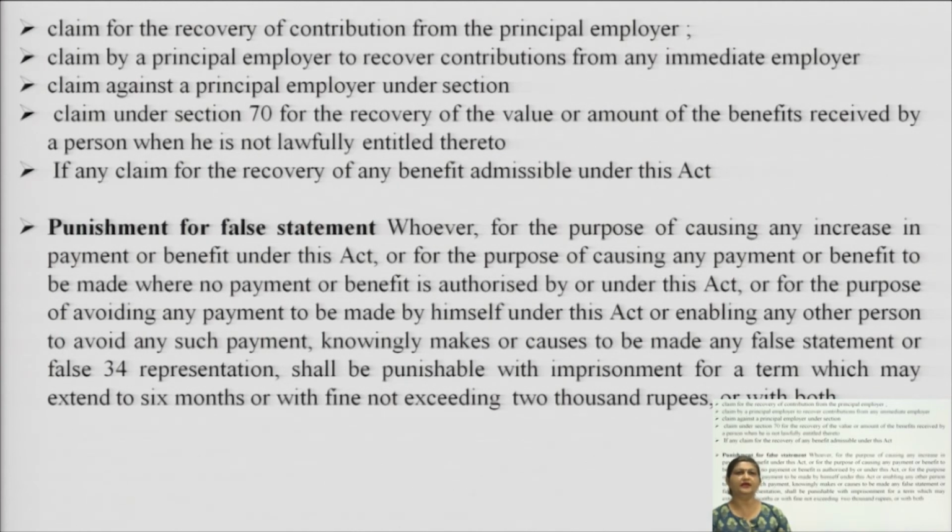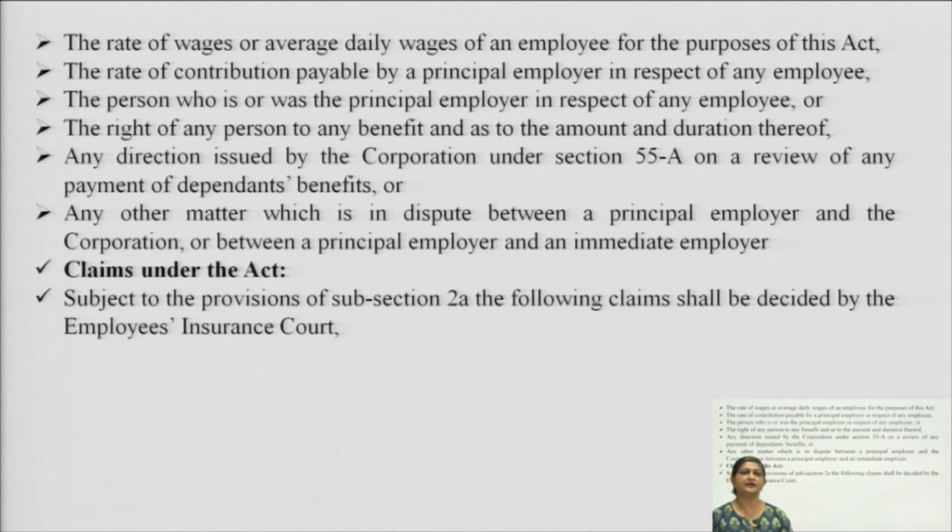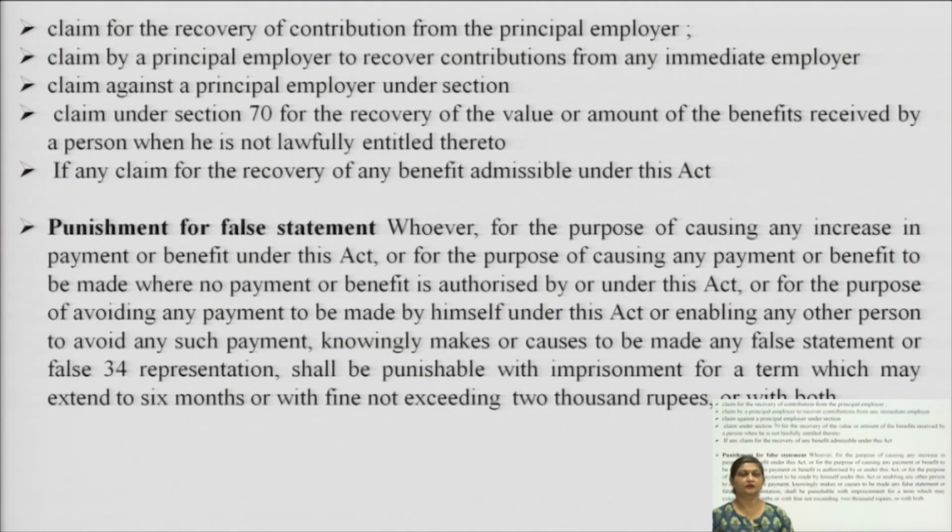First is the claim for the recovery of contribution from the principal employer, claim by a principal employer to recover contributions from any immediate employer, claims against a principal employer under any section of the act, claim under section 70 for the recovery of the value or amount of the benefits received by a person when he is not lawfully entitled thereto, or any claim for the recovery of any benefit admissible under this act. All these claims can be decided by the insurance court.